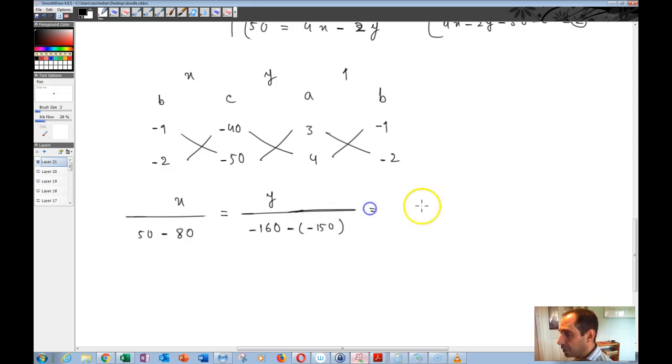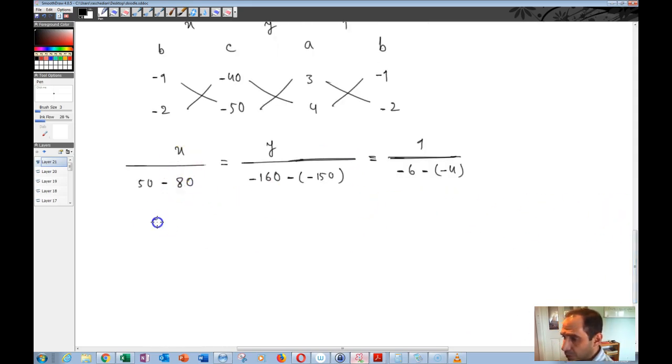And then 1 over negative 6 minus negative 4. So this is x over negative 30, and y over negative 160 plus 150, which is negative 10, equal to 1 over negative 6 plus 4, which is negative 2.